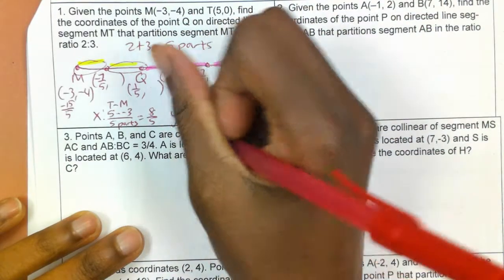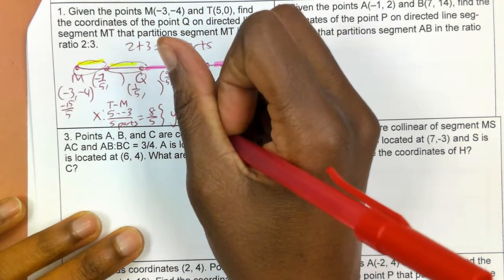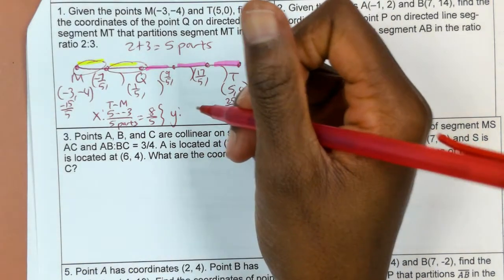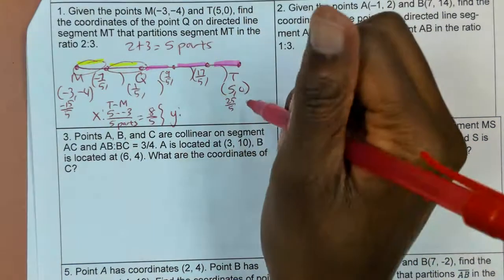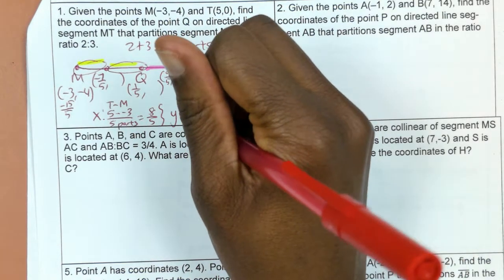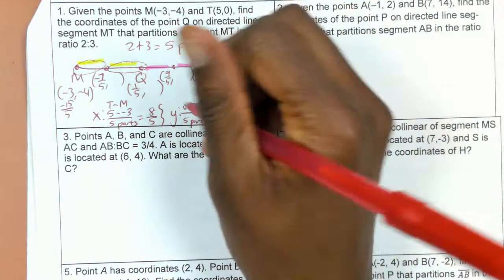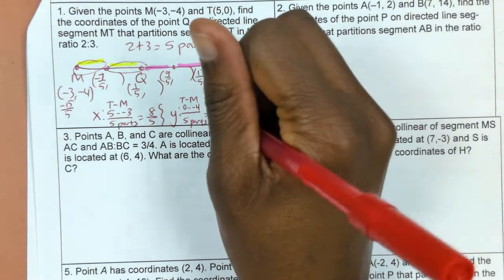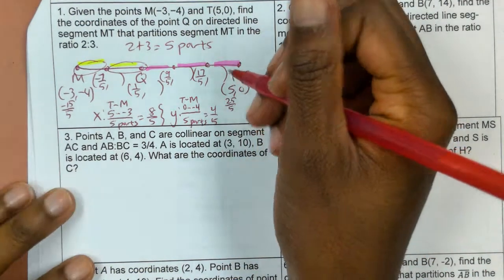Okay, for Y, we go from -4 to 0, so we subtract -4 from 0 and divide that into 5 parts. So it's T minus M, and we get 4/5, so we're increasing 4/5.